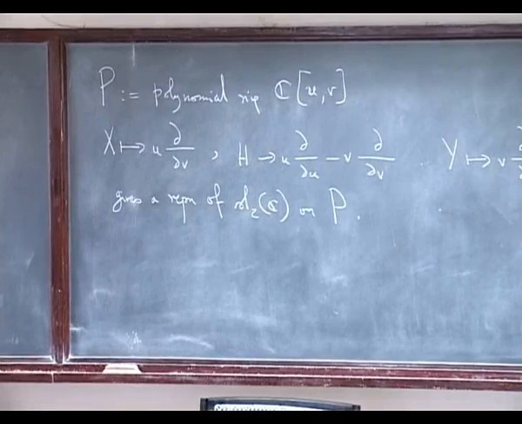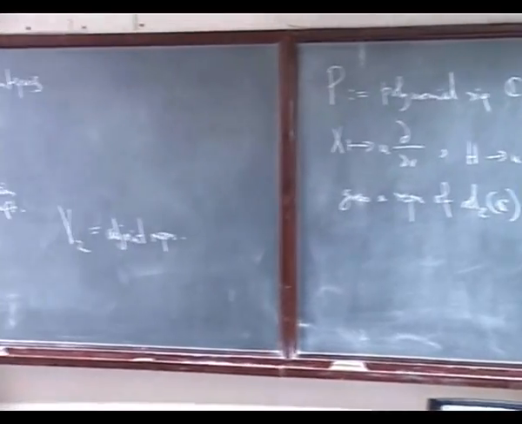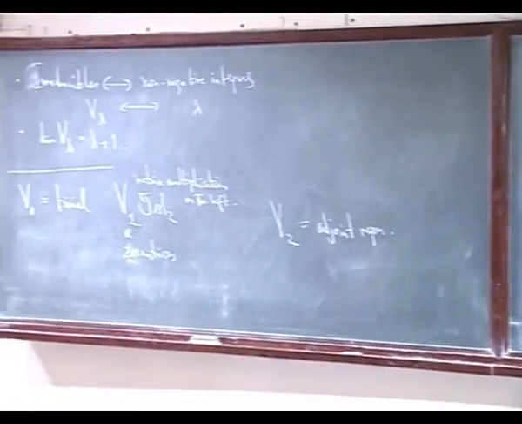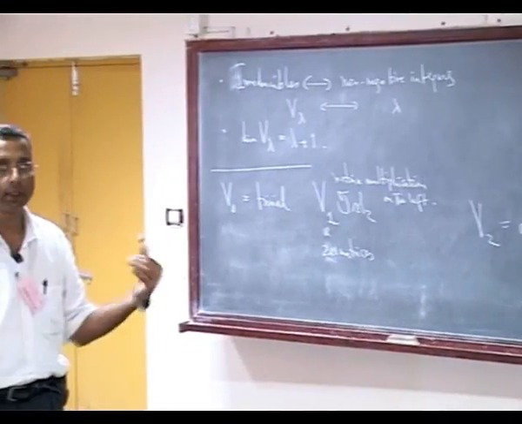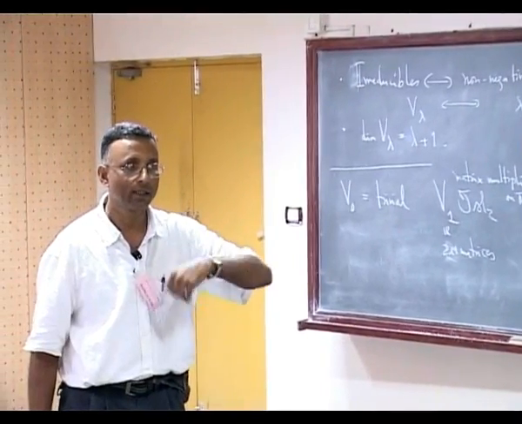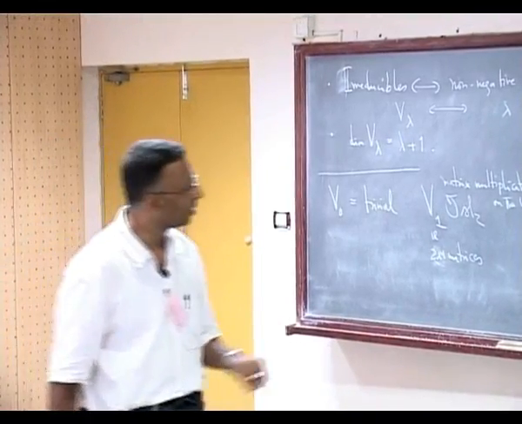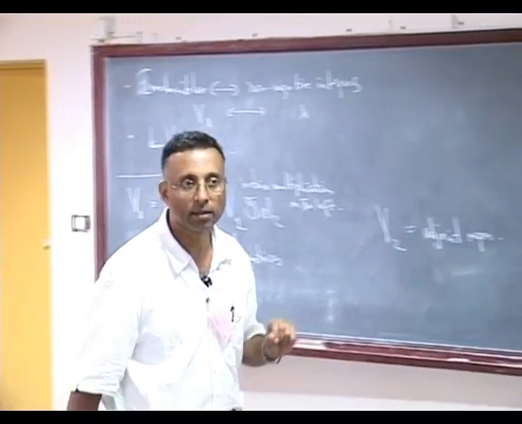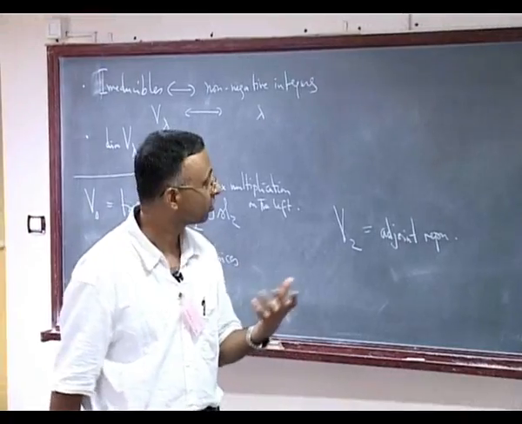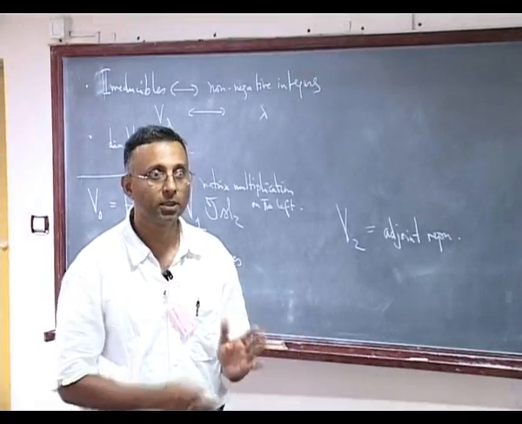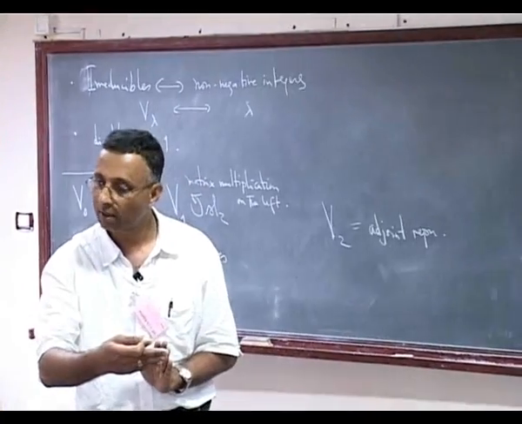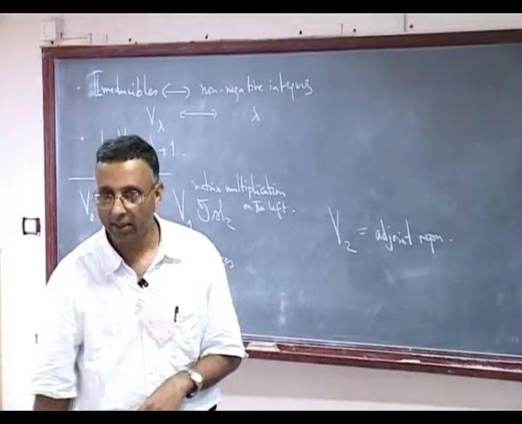Now notice how X is acting. It is del by del V times U. So it is reducing the V degree, kicking up the U degree, but the degree is preserved. How is H acting? Again, it preserves the degree. So does Y. Which means each degree piece is an invariant.